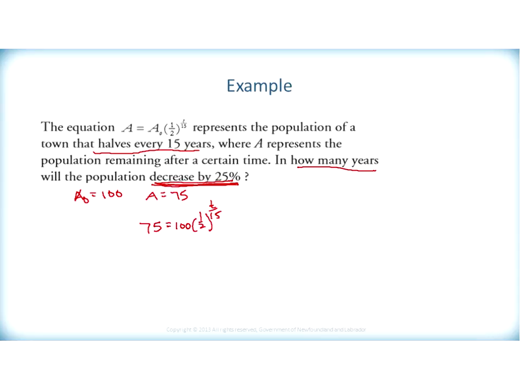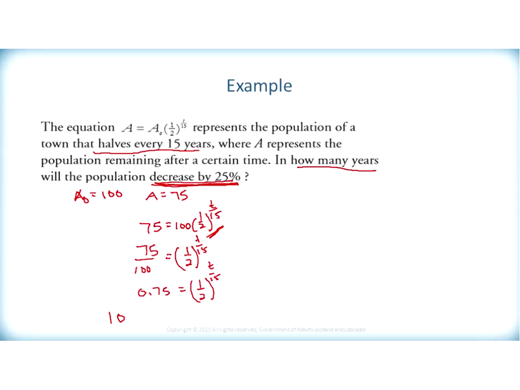And so, once again isolating the power, we'd have 75 over 100, which equals 1/2 to the power of t over 15. So 0.75 equals 1/2 to the power of t over 15. We'll take the common log of both sides.